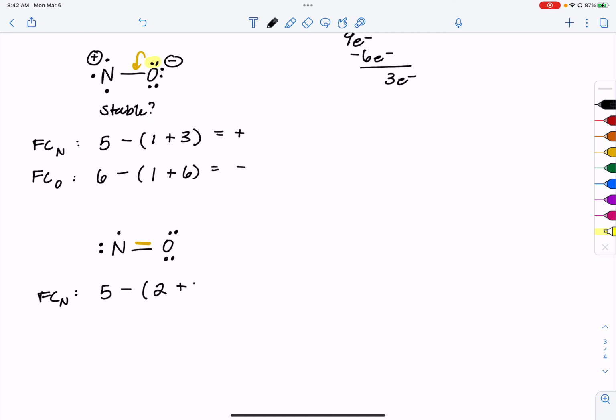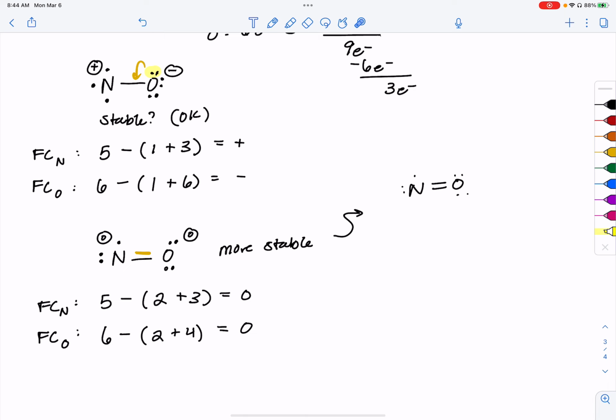So we would say that the Lewis dot structure of nitrogen monoxide would look something like this. And if you were to count up your octets, right, 2, 4, 6, 8 on the oxygen, but in this case with the nitrogen here, we'd have 2, 4, 6, 7.